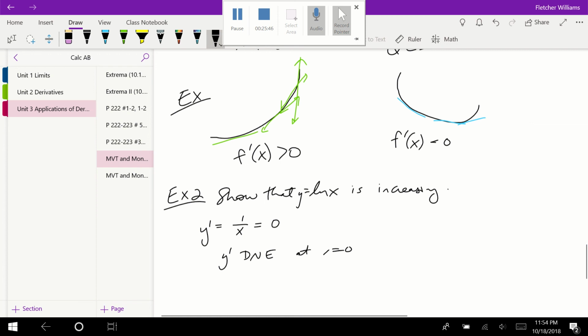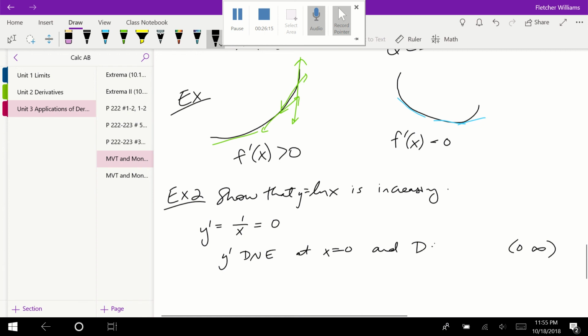And the domain for log, I'll write it in interval notation, negative infinity, 0, 0 to infinity. Oh, excuse me. The domain is only the positive part.